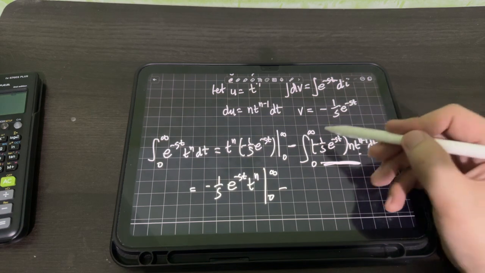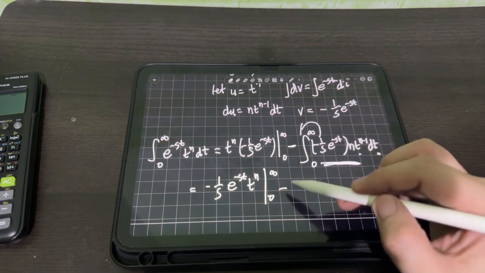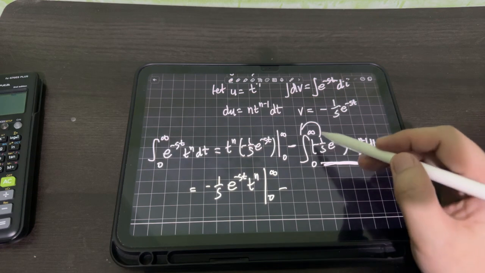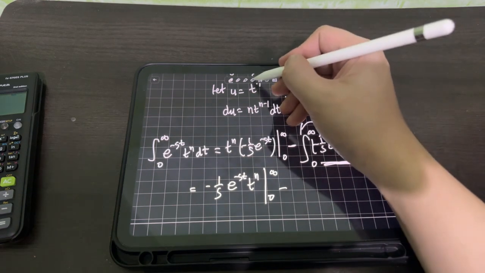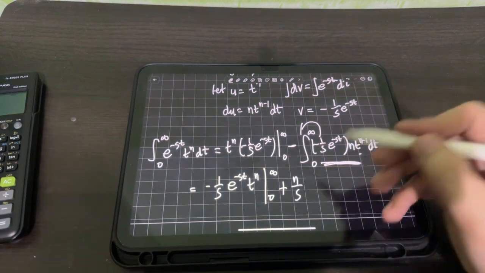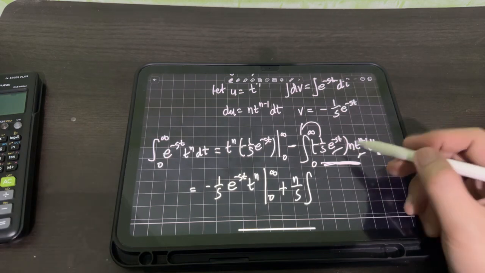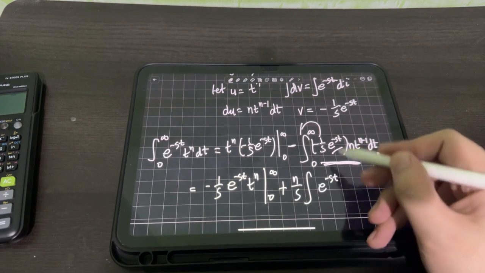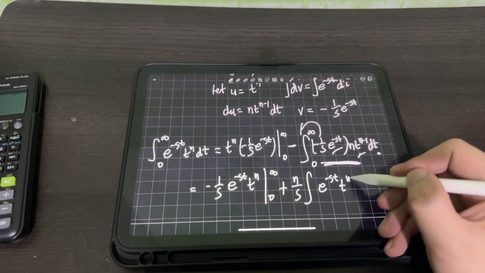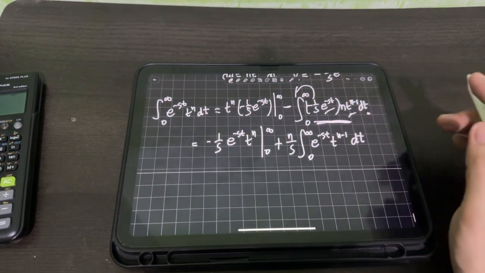Since it's just a constant, you can put it in front of the integral. You need to multiply negative times negative n over s, so that will become positive n over s, right? Then the integral of the remaining terms inside the integral, e to the negative st times t to the n minus 1 dt from 0 to infinity.